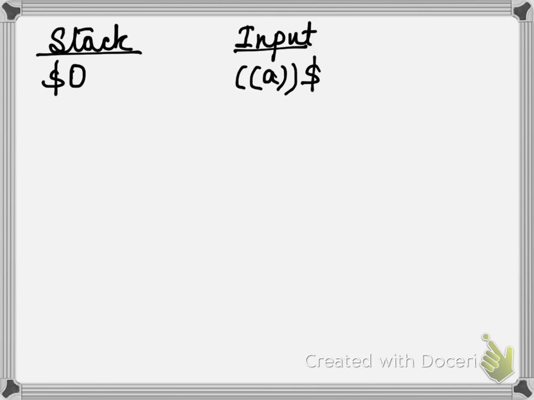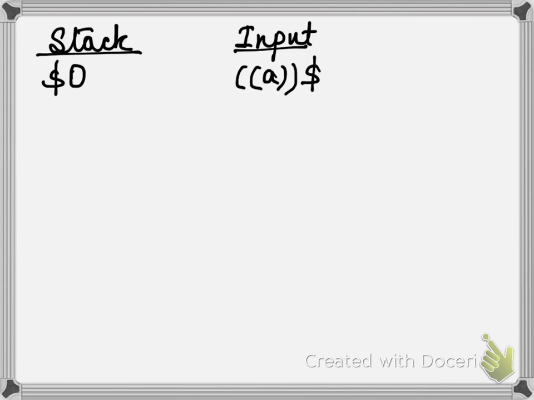Now we are not going to have only the terminals and non-terminals in the stack. We are also going to have the states. That is the main difference between this and LL1 parsing.